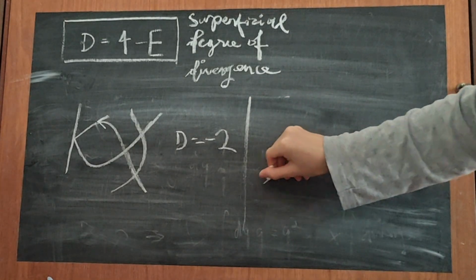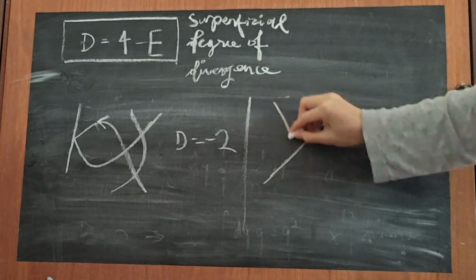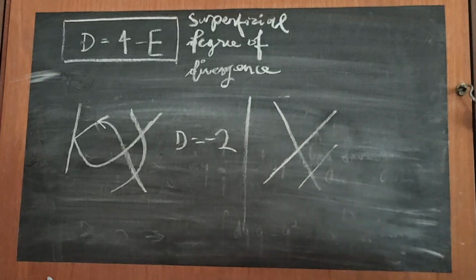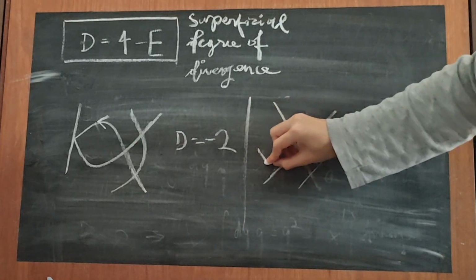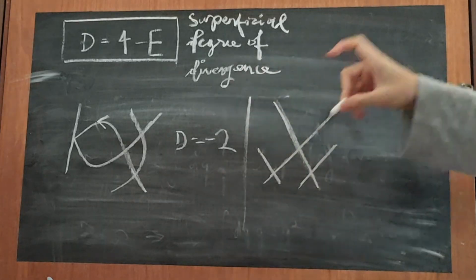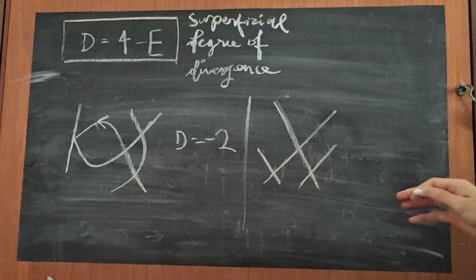So let's consider another 6-point function. But this time, maybe we don't add any loops inside. So what happens if we don't have any loops inside? Well, obviously this is now not divergent because there are no loops inside.